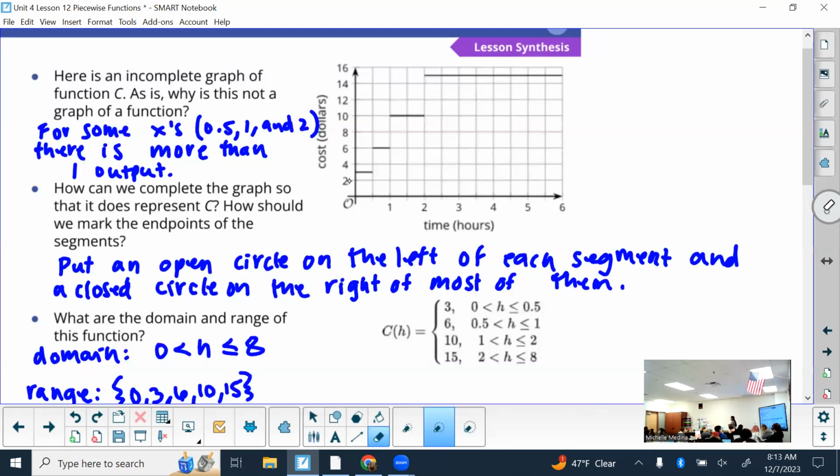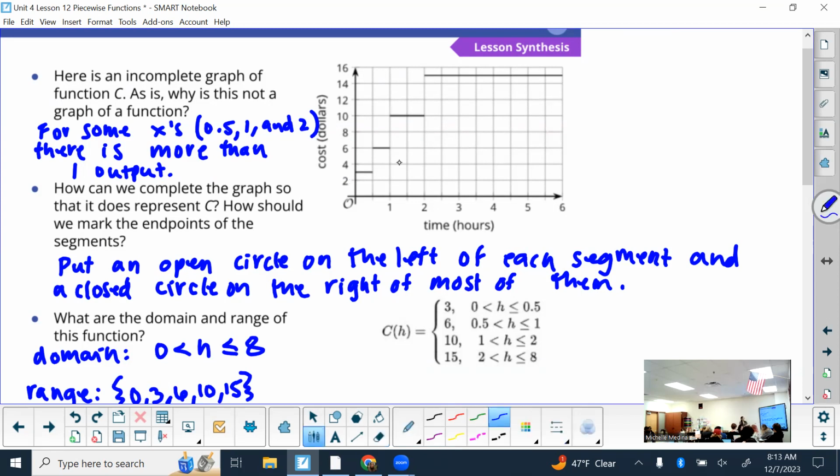All right, we know that for functions, for every input, there's just one output. So the way that it looks right now would not be a function. It says, how can we fix the graph so that it does represent C? I described it in words. I even drew on it at first.